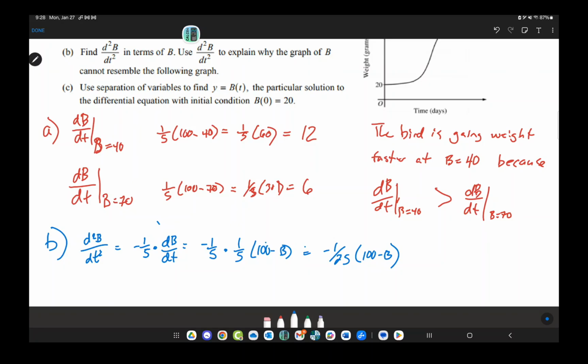By the way, does anybody know what this graph is? It's a logistic, which we'll learn more about in a moment too, because we're doing logistic differential equations.